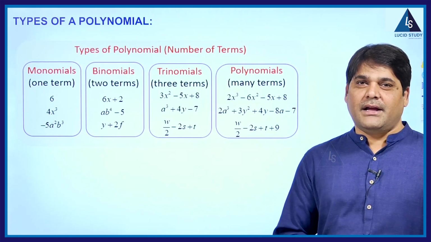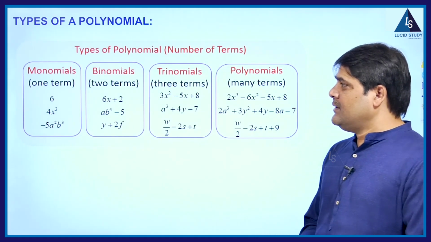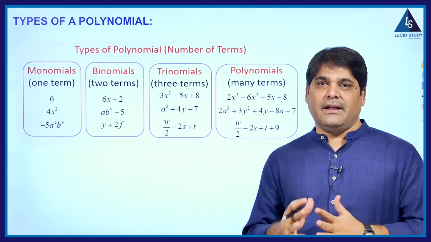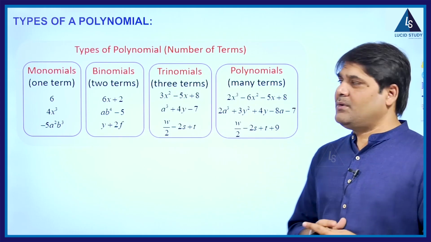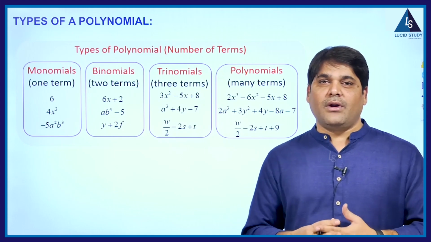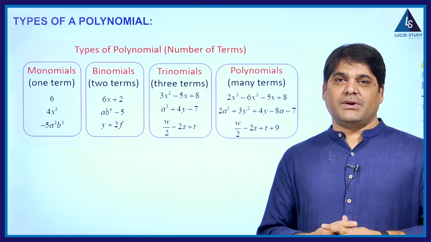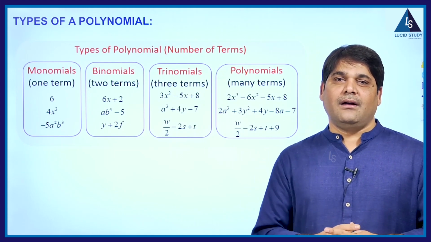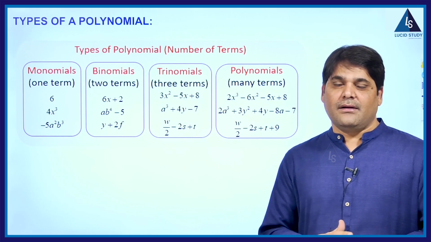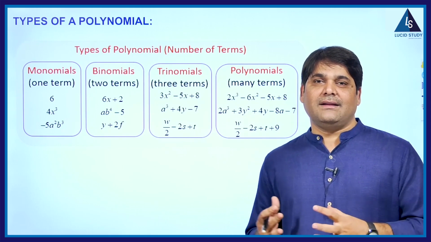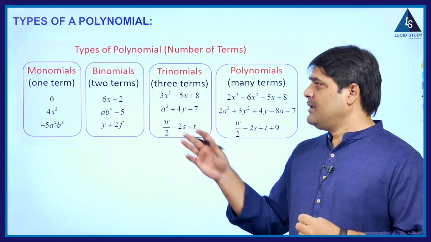Now let us see the types of polynomials. Polynomials can be divided according to the number of terms into many types. The first one is monomial. Monomial means what, children? It should consist of only one term, then it is said to be a monomial. If a polynomial contains two terms, then it is said to be a binomial.